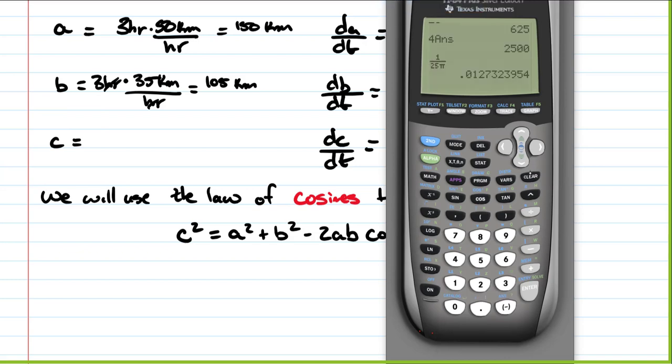To make my life a little bit easier, I'm going to save some of these values into my calculator.